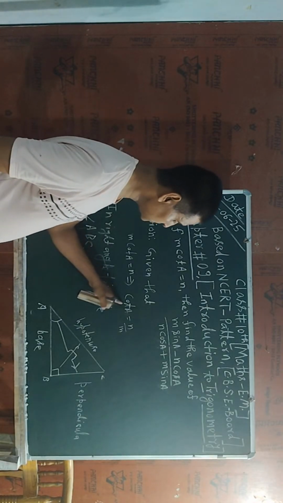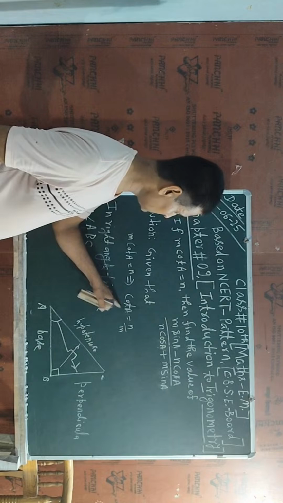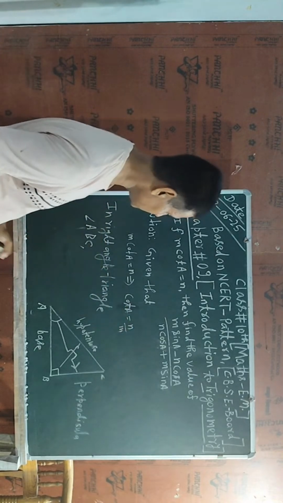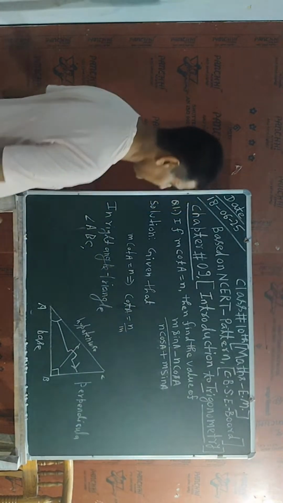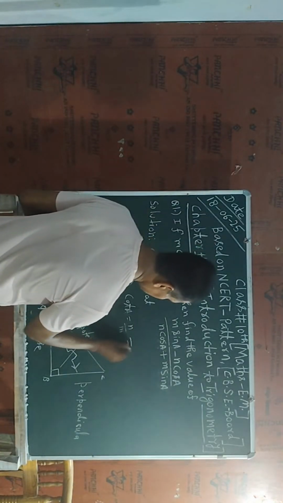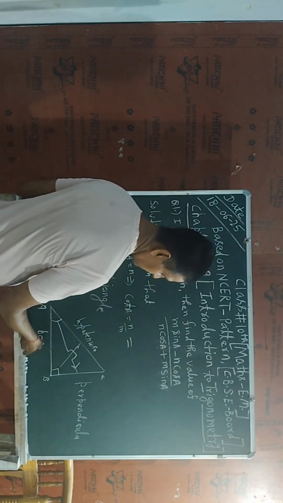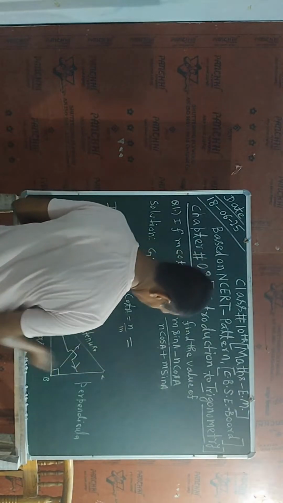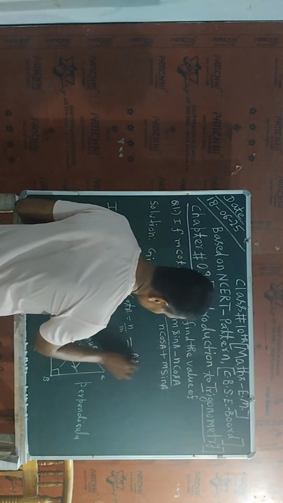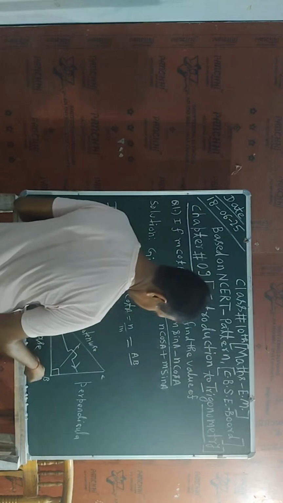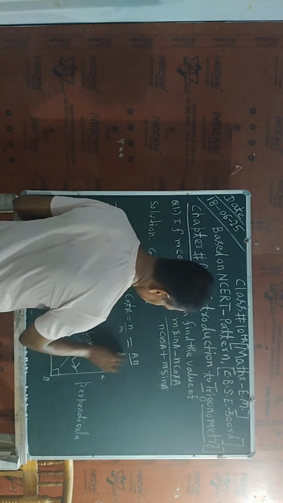Now in the given question, cot A is equal to n divided by m. It means that cot A is equal to base divided by perpendicular. Base means AB divided by BC.